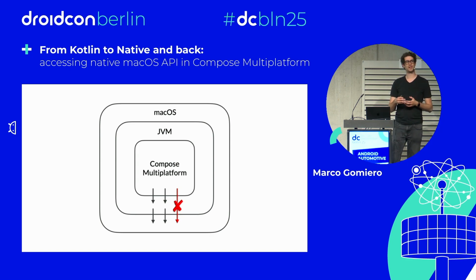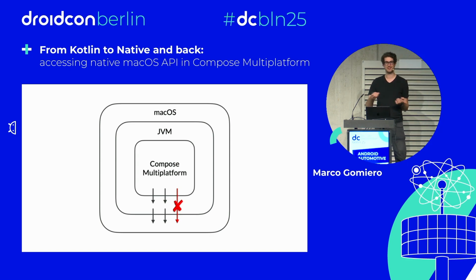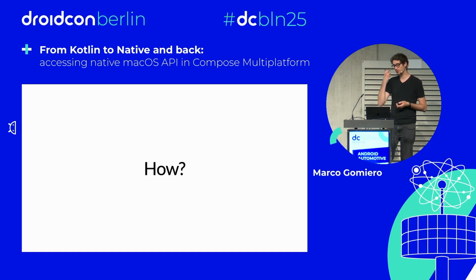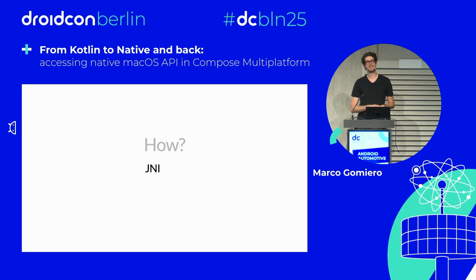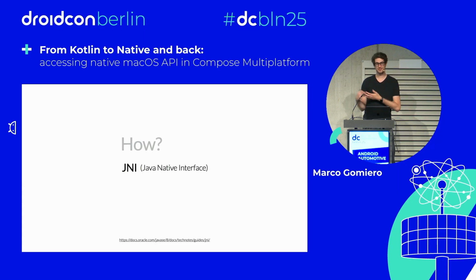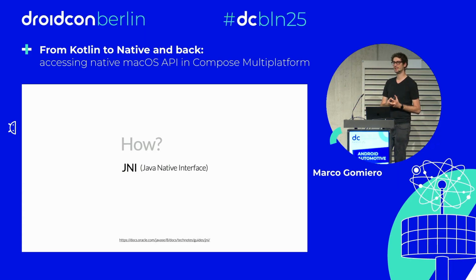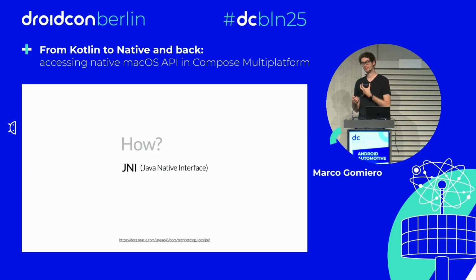But of course, this is not an esoteric scenario. There are multiple cases when you want to access native APIs, and there's a way that has been provided by the JDK to be able to do so. Spoiler: this way is the JNI, which stands for Java Native Interface, and basically is a way provided by the JVM to be able to run native code like C, C++ on the JVM.